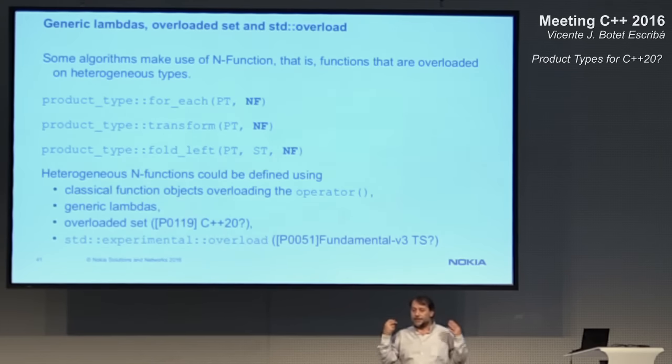A syntactic sugar feature we will see more of, that allows us to have this kind of overload. And what I proposed some time ago, an overload function that takes n functions and returns a function object that overloads on all these functions.